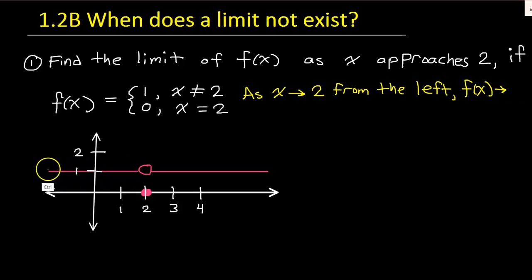So everywhere to the left of 2, the value of the function is exactly 1. So we can easily just say that f of x approaches 1 because it's actually 1 the entire time on the left side. So it certainly approaches 1. It's always 1.